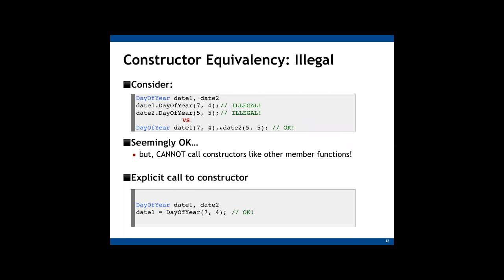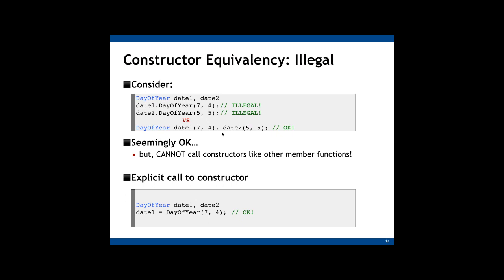You might think that these 3 lines are equivalent to this 1 line because they both declare objects of the day of year class, both create date 1 and date 2 objects, and initialize the objects with the same values, 74 for date 1 and 55 for date 2. So you might think these two are the same, but they are actually different.